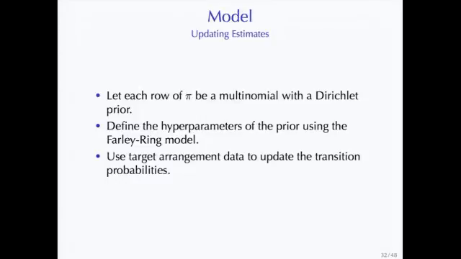The way we do this is we let each row of that transition matrix be a multinomial with a Dirichlet prior, and then we set the parameters for the Dirichlet according to the predictions from the Farley ring model. Then when we observe target data, we can just update the probabilities in the usual way.